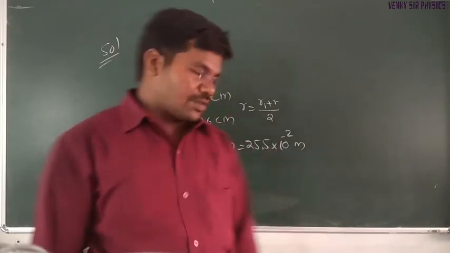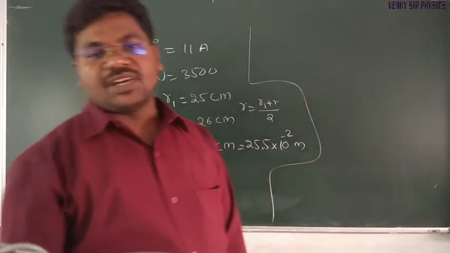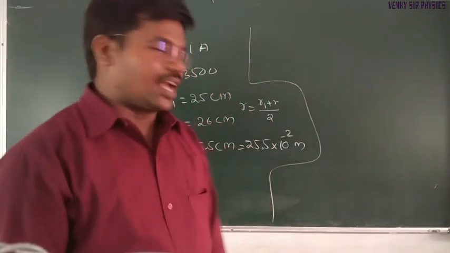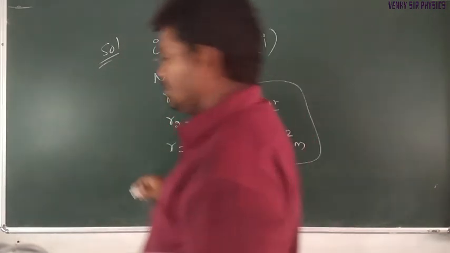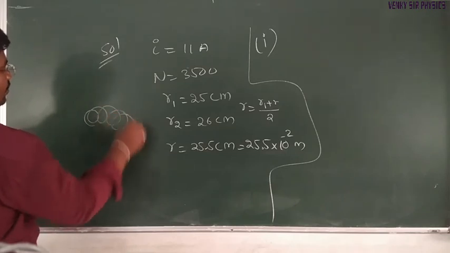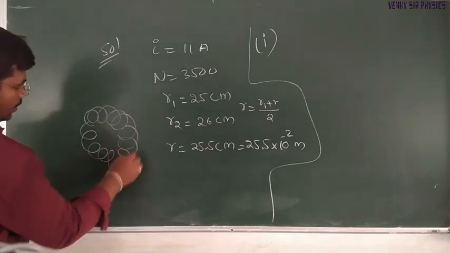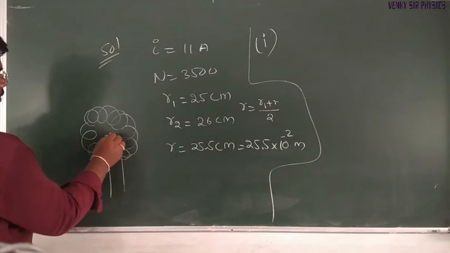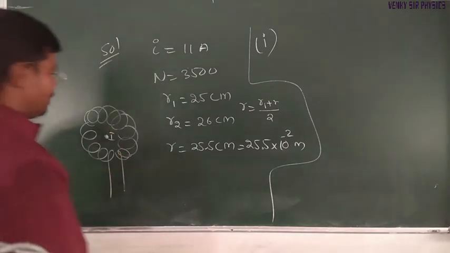Coming to the first case, B inside the toroid. So this is the toroid, you know the diagram of the toroid. Here at Roman number 1, at this point we have to find the magnetic field.